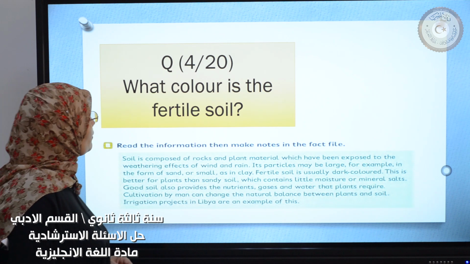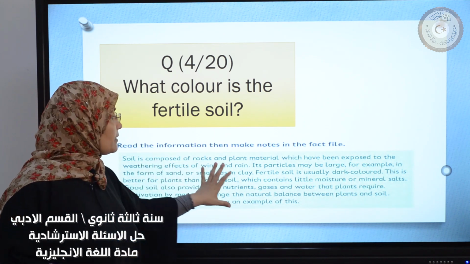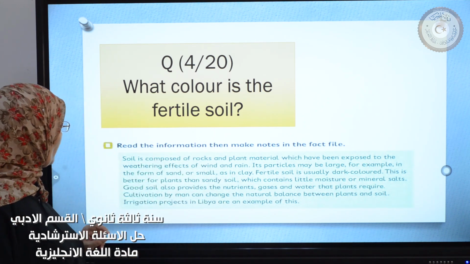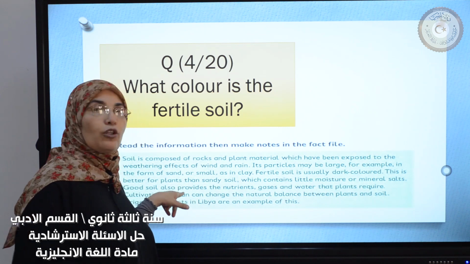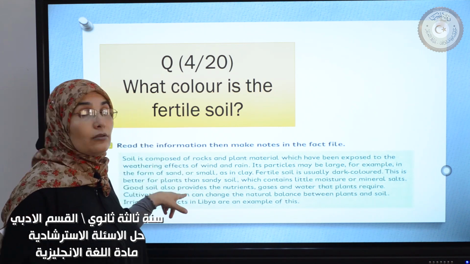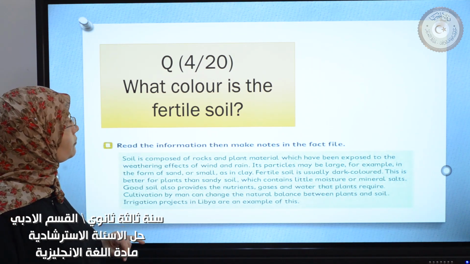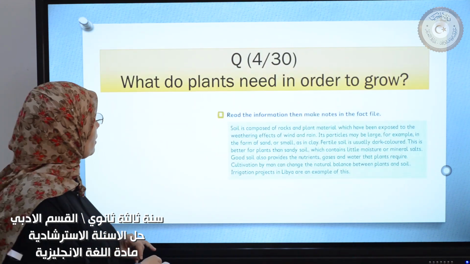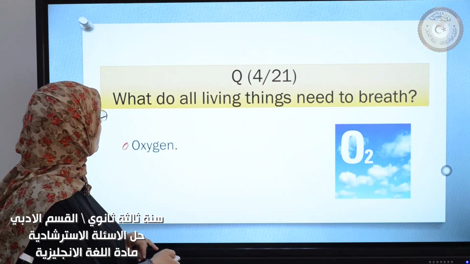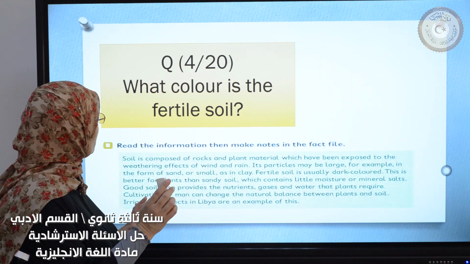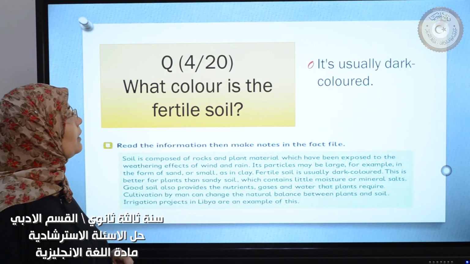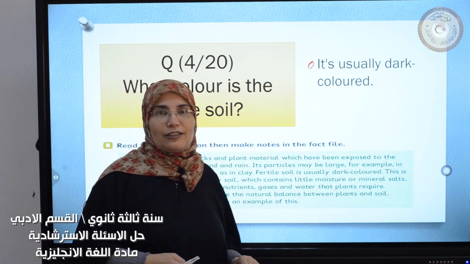What color is the fertile soil? This is a page from the book. This is where you find the information for this question. So, what color is it? It's usually dark colored.